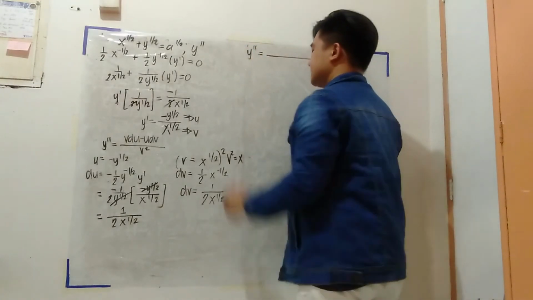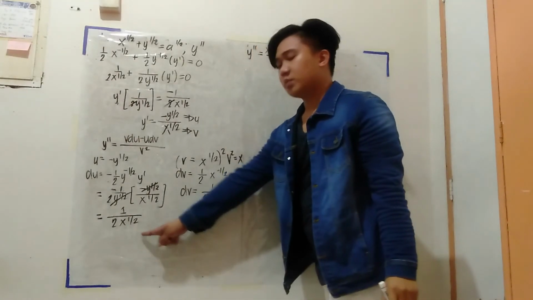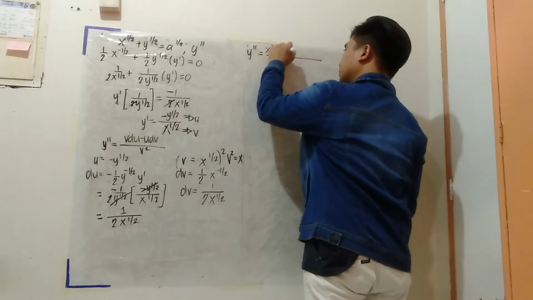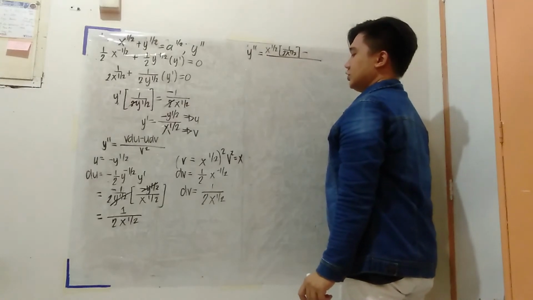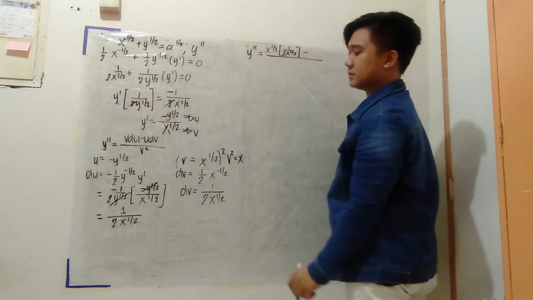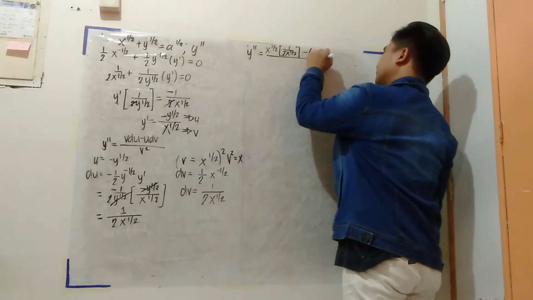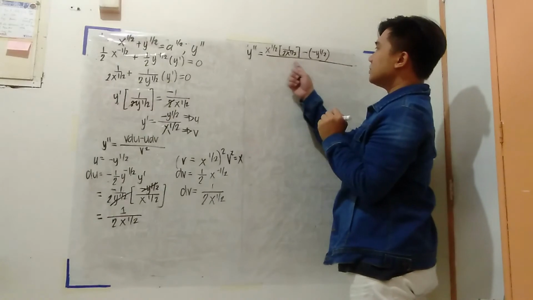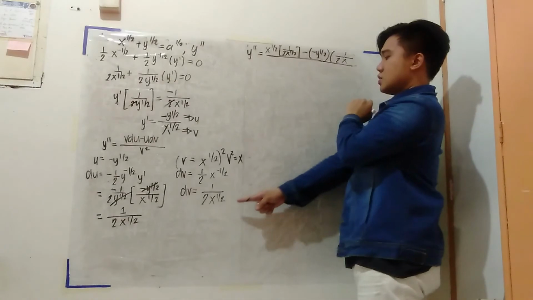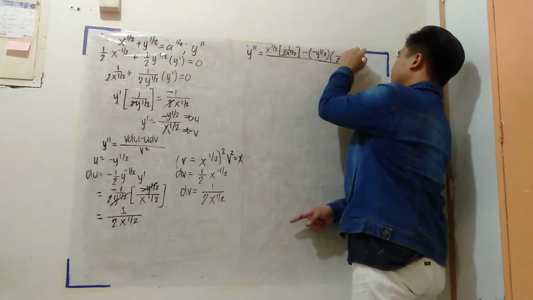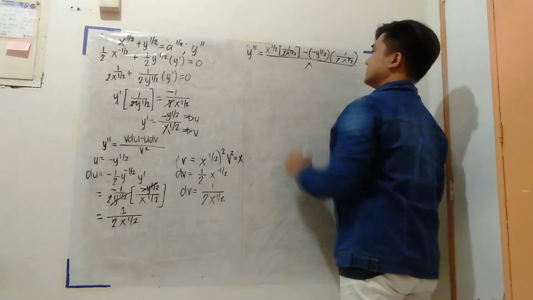V is x raised to 1 half times du, which is 1 over 2x raised to 1 half, minus u, which is negative y raised to 1 half, times dv, which is 1 over 2x raised to 1 half, all over v squared, which is x.